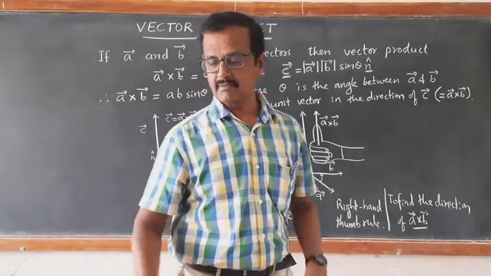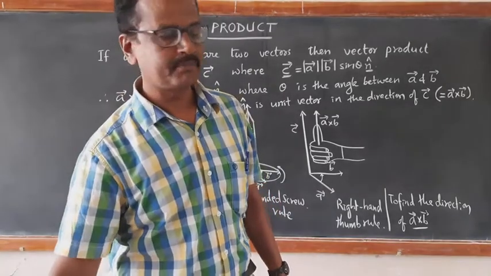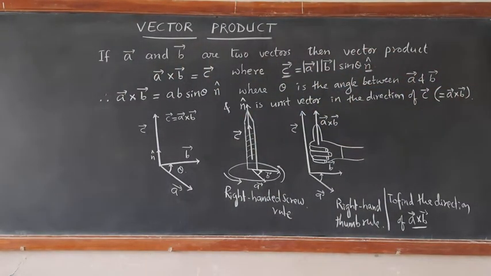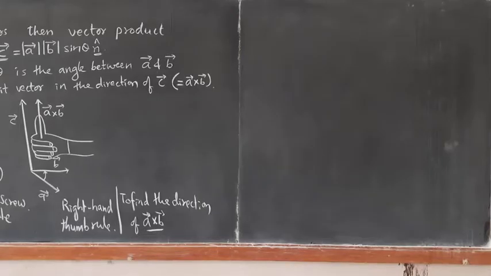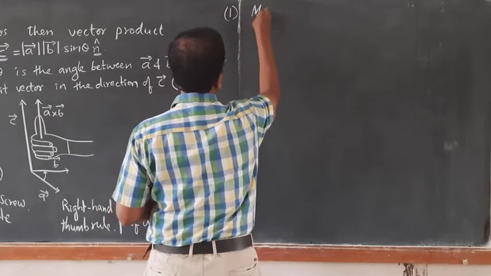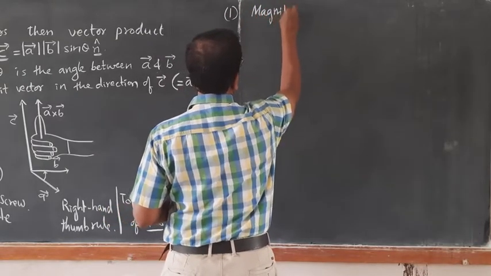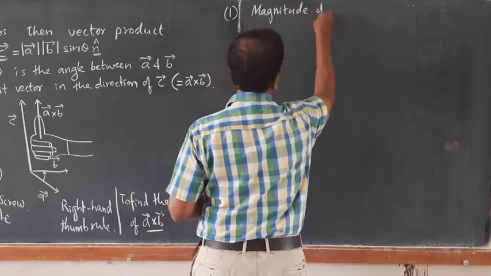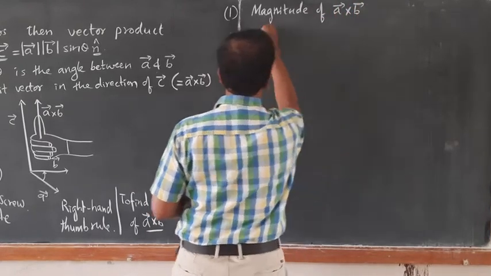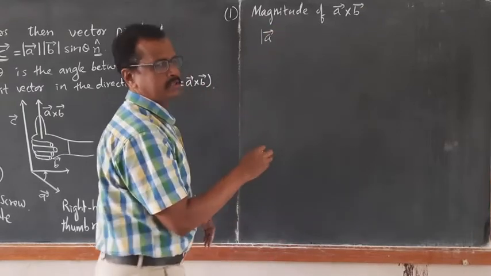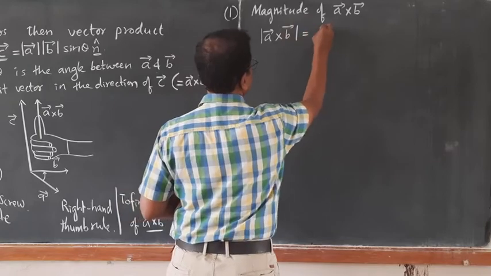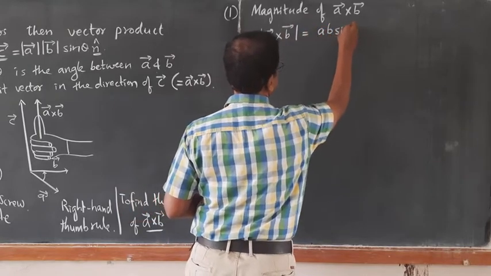Let us learn some of the properties of vector products. First, we will write the magnitude of A cross B. Modulus of A cross B is equal to AB sin theta.